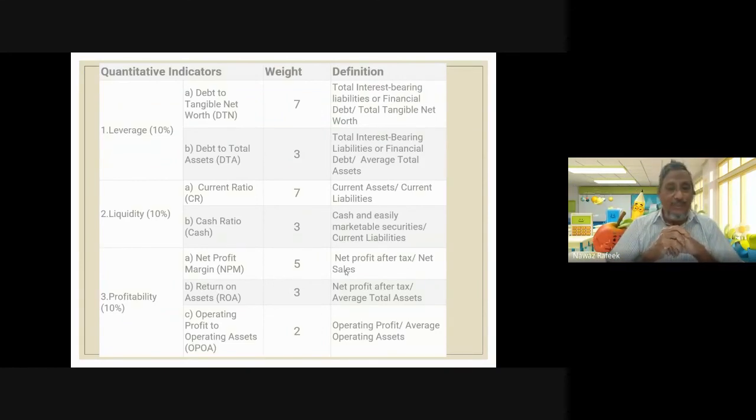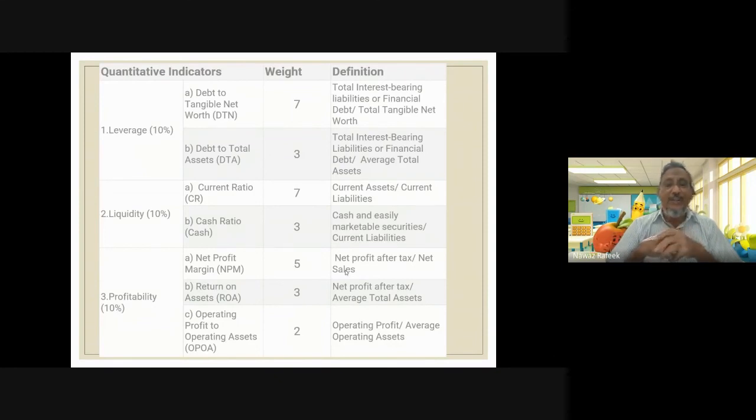In the liquidity ratios, current ratio, current assets over current liabilities, is 7 points. Cash ratio, cash and easily marketable securities divided by current liabilities, is 3 in total. So if the cash balance is not there, when overdrawn, then this liquidity ratio is less.